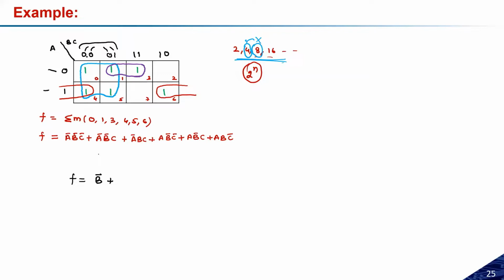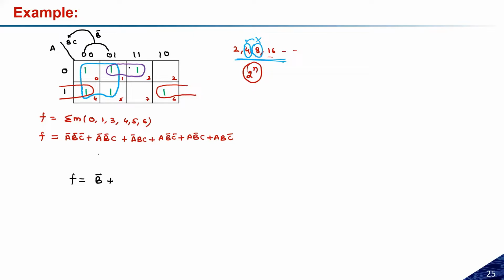Because B is not getting a pair of 0 and 1, B will not be vanished, only A and C will be vanished. So directly we can write B bar here, because only 0 for B was present. This indicates B, and this is nothing but B bar. So that is how B bar comes.